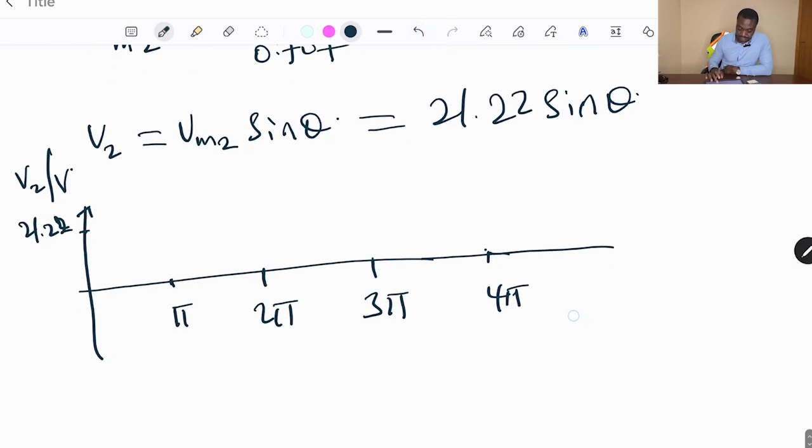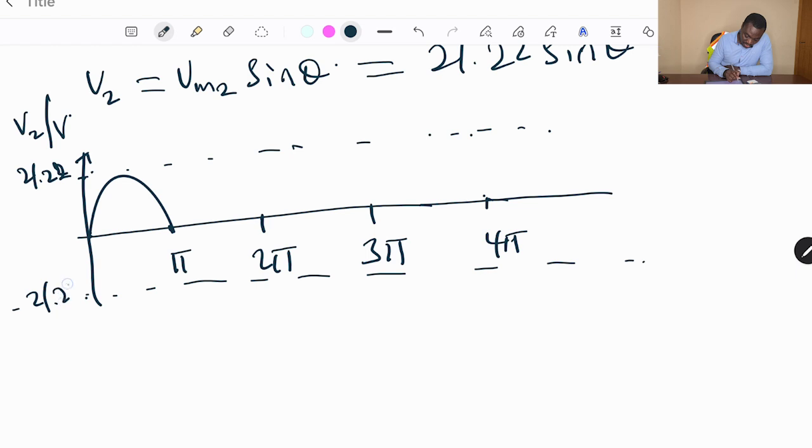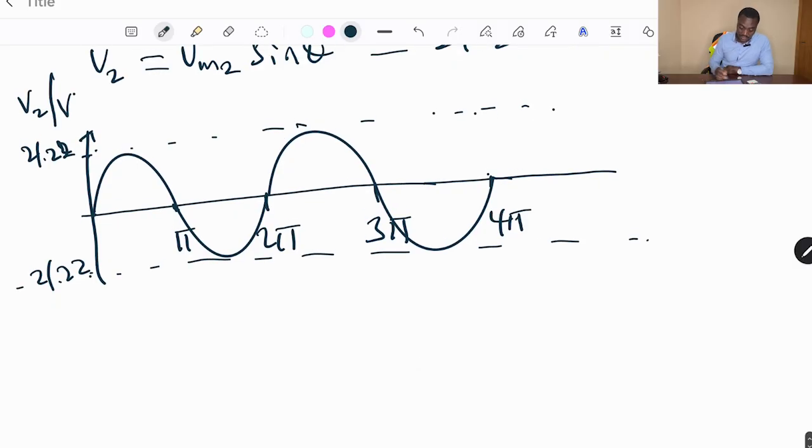So with this, we can now sketch the phase alternation. Then we have here minus 21.22. Then we have the second cycle, and then the last one. So this is our alternating waveform for V2.